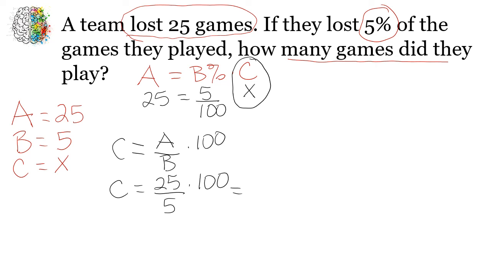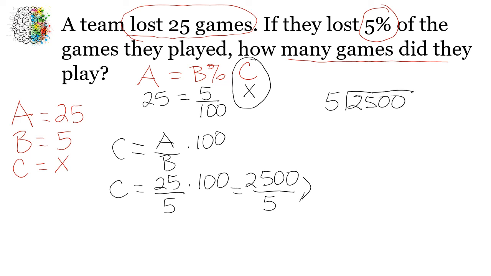So multiplying my numerator together, dividing by 5. So now I'm going to do my long division in order to solve my problem. So remember, to do long division, we're going to tip to the right.